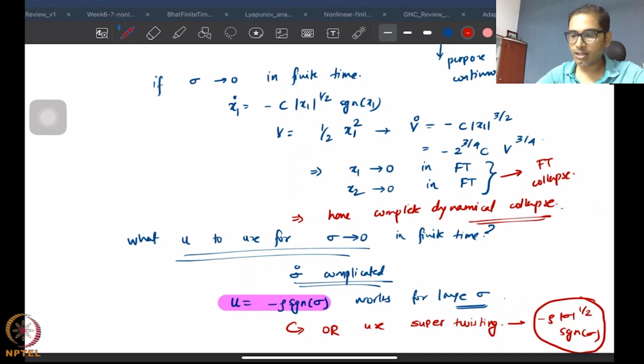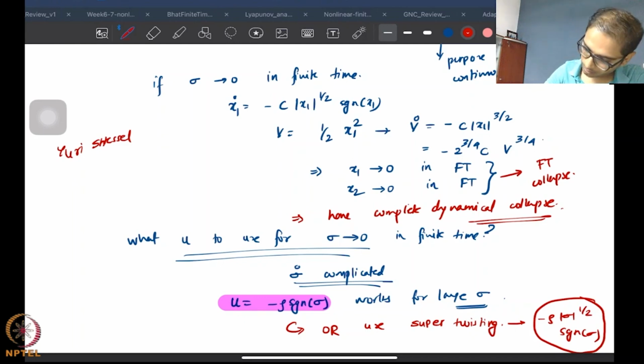I have particularly been referring to the book by Yuri Shtessel and others on sliding mode control.